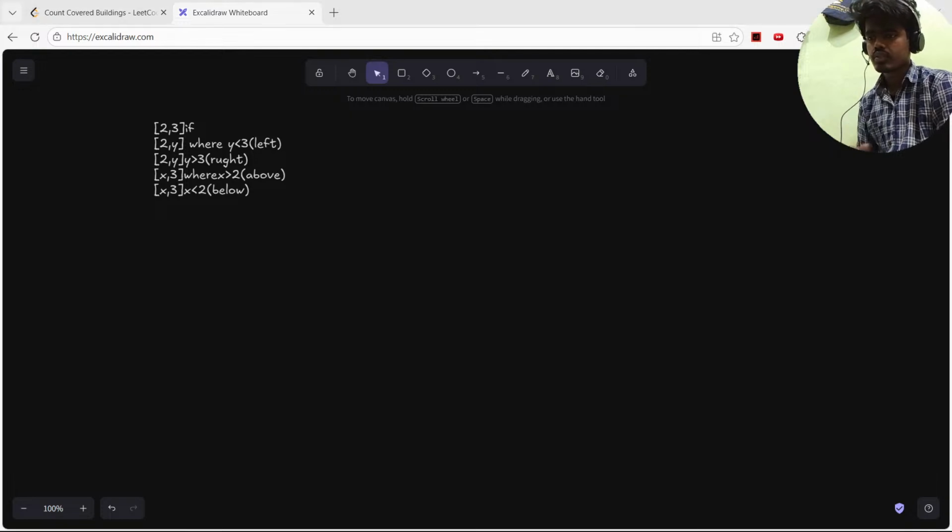So this is my introduction to checking whether a building is covered. We need to determine if there are buildings in all four directions from it.